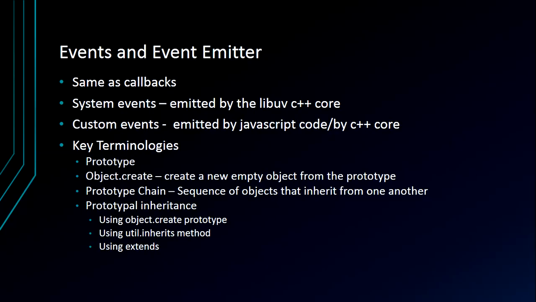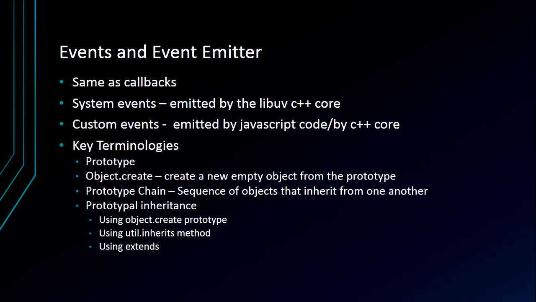As you have seen the events and the event emitter working, there are two kinds of events in Node. One is system events and another one is custom events. System events are emitted by the libuv part of the C++ core. libuv is responsible for managing your event loop, and these events are generated by your libuv C++ core.